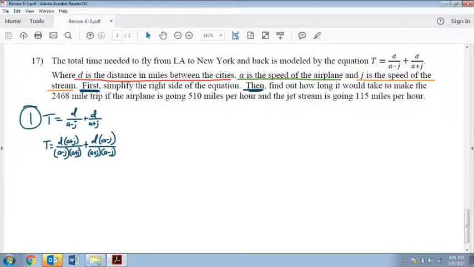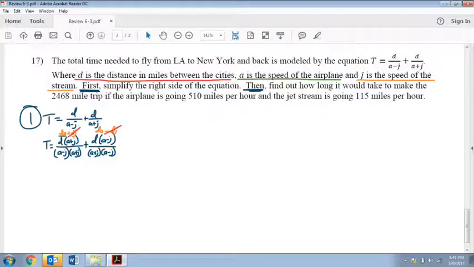So I'm going to go ahead and distribute the top. This is going to be d times a plus d times j. This is also going to be d times a minus d times j, which is nice because I have a positive dj and a negative dj, which nobody wants a negative dj. They kill your vibe. So, here we go.